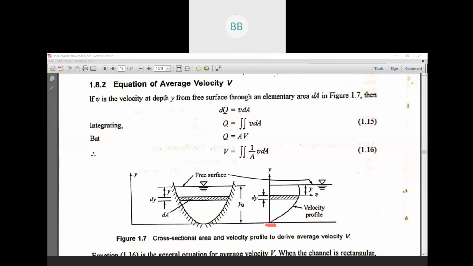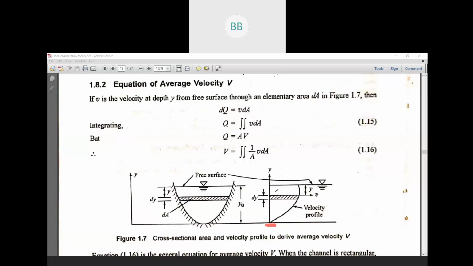Though we consider the velocity zero here, practically we have some velocity, but it is very difficult to find at the bottom of the channel, so we consider it to be zero. Then when we move towards the free surface, it increases, and because of the interaction between the air and the water, we have a decrease of velocity at the surface.